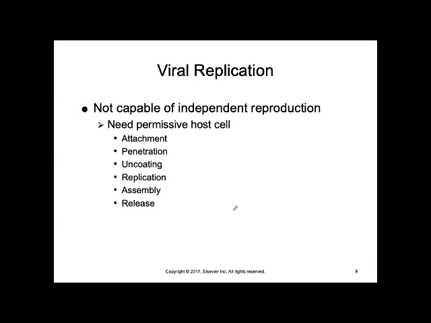RNA viruses, with the exception of retroviruses, do all of their replication in the cytoplasm. Right. Whereas DNA viruses use the nucleus of the host and are much more difficult to get rid of. Okay? And in some cases, they stay inside you your whole life, such as herpes zoster, which produces shingles and chickenpox. Right?